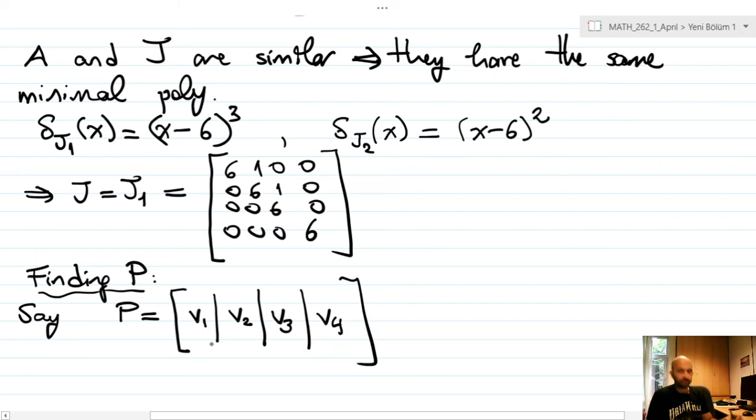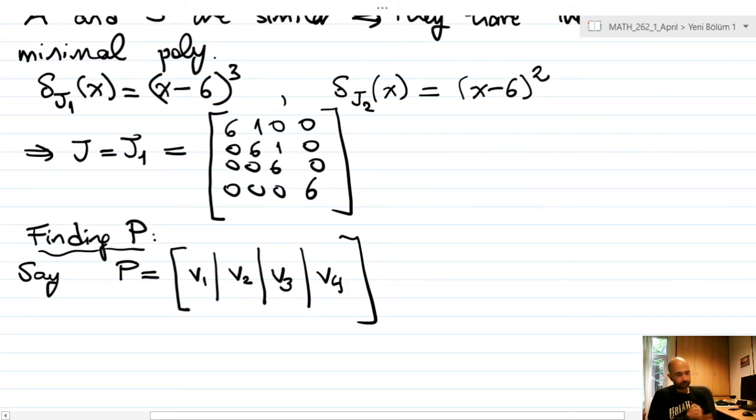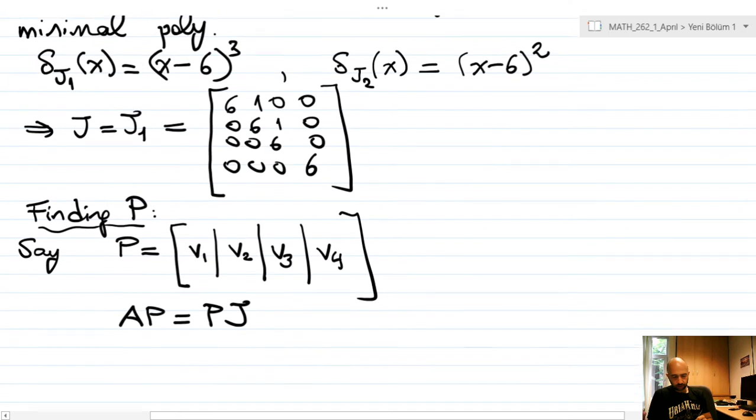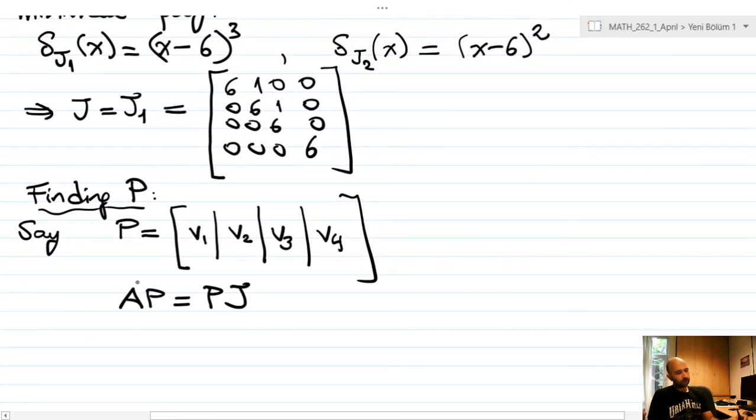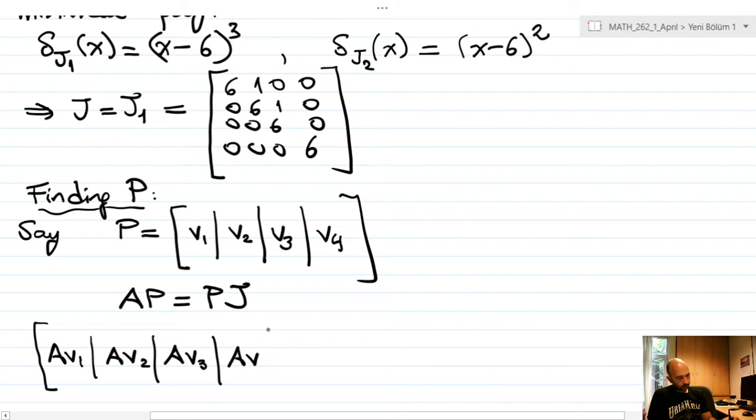So these are the column vectors of P. It's 4 by 4, so these are 4 by 1 column vectors. Now we must have AP equals PJ, right? This is the key relation. Now if you write this in terms of columns, the left side looks like Av1, Av2, Av3, Av4.